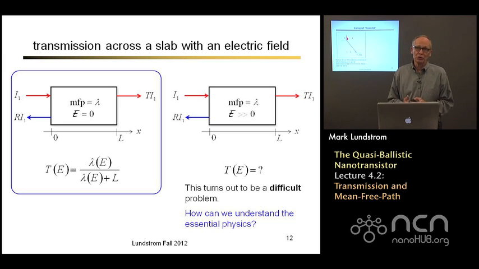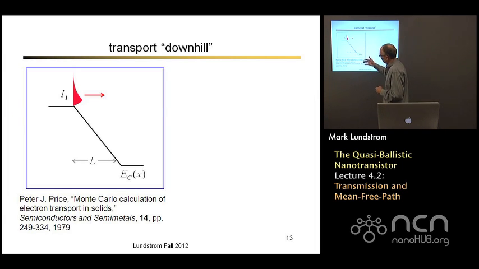Well, we do those detailed calculations, and then we try to understand what comes out of them. These are some calculations that were done by Peter Price at IBM quite some time ago. He was looking into what happens when you inject a stream of electrons into a slab with a very high electric field, tracking them through by Monte Carlo techniques on a computer.